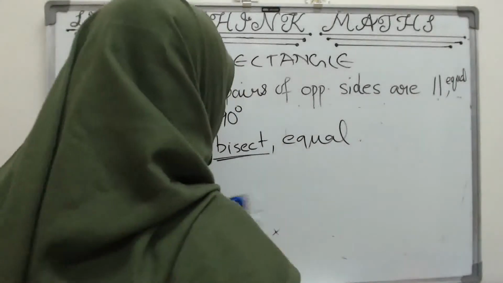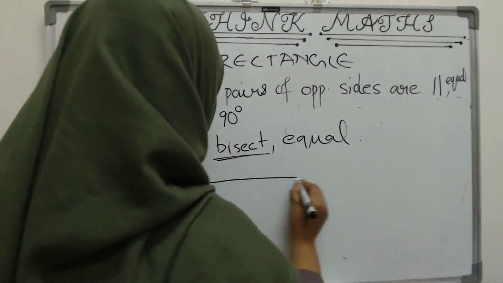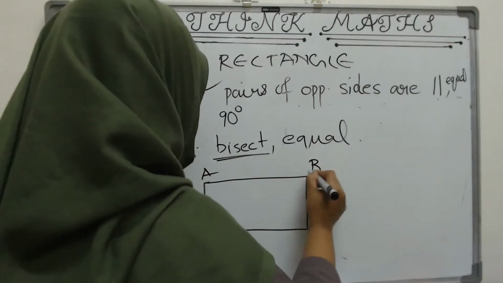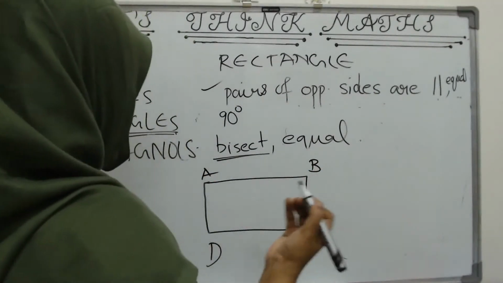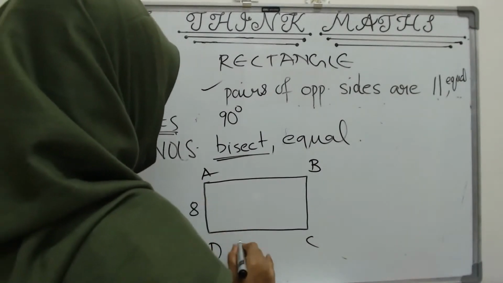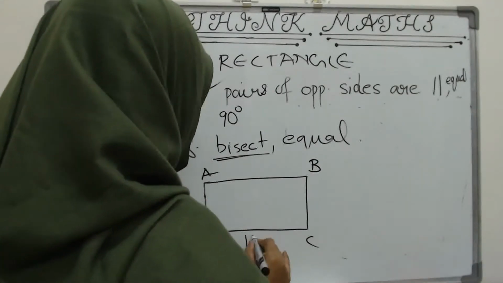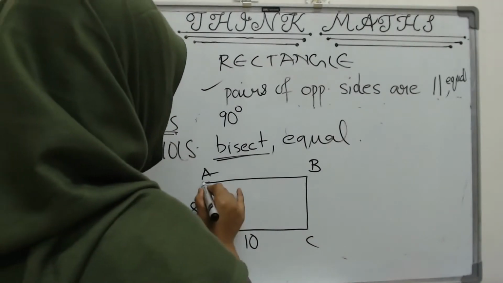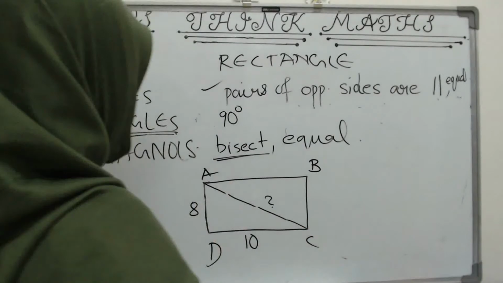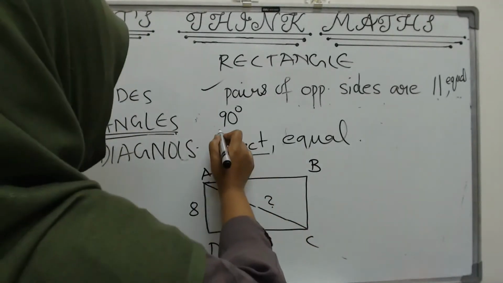Suppose you have a rectangle, okay, and its sides are given as say 8 and say 10. Then what is its diagonal? Can you find out? Is there any way to find out? See the angle.